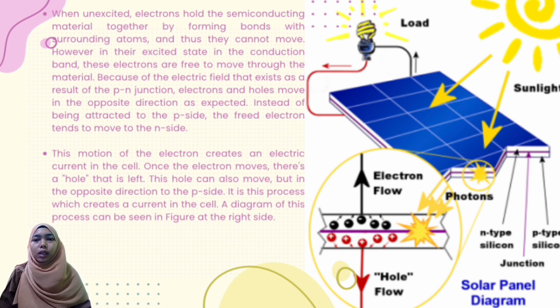These holes can also move, but in the opposite direction, to the p side. It is this process which creates a current in the cell. A diagram of the process can be seen in the figure on the right side.